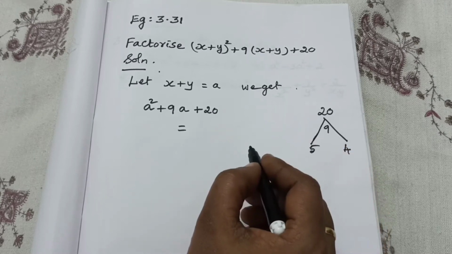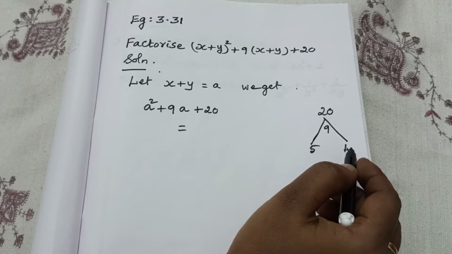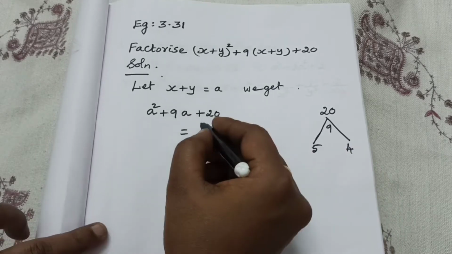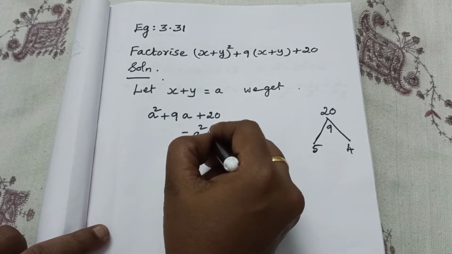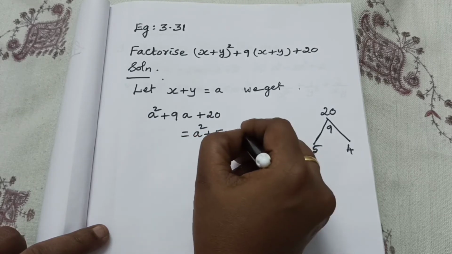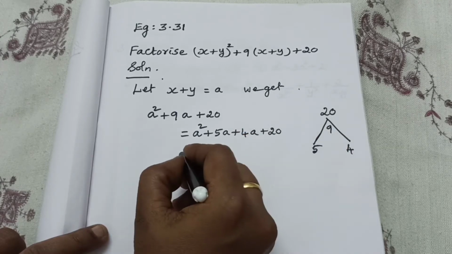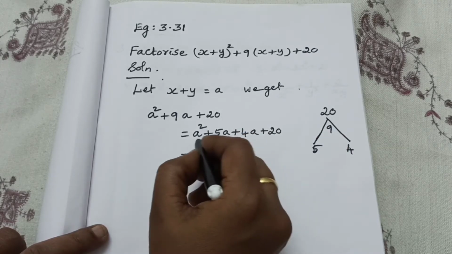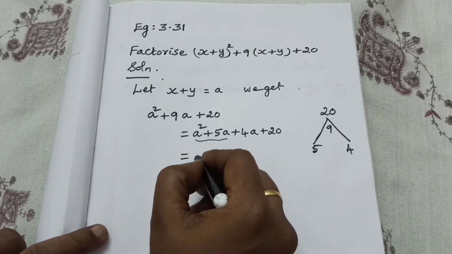So we split the middle term as 5a and 4a. Okay, split the middle term only. So a square plus 5a plus 4a plus 20. First two terms, compare: a is common.